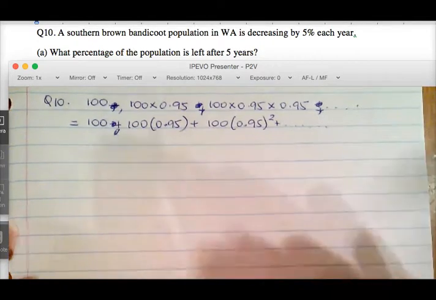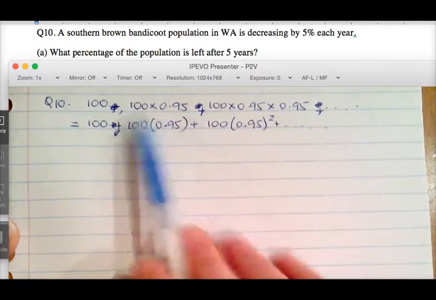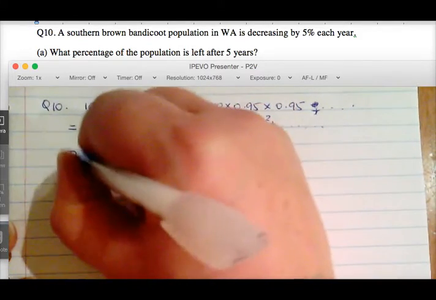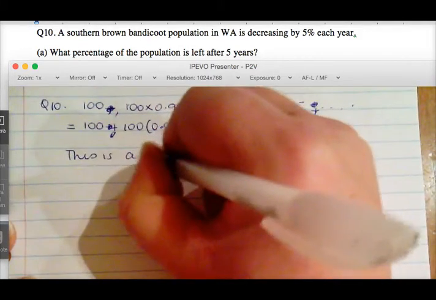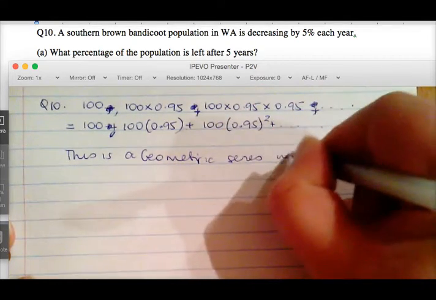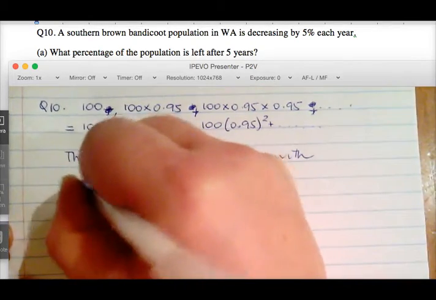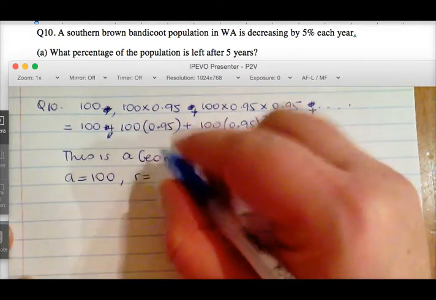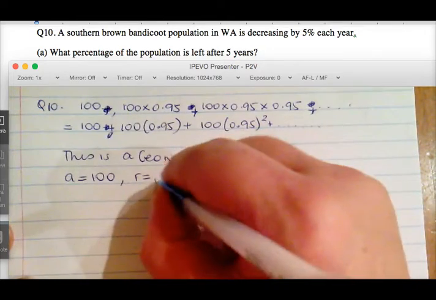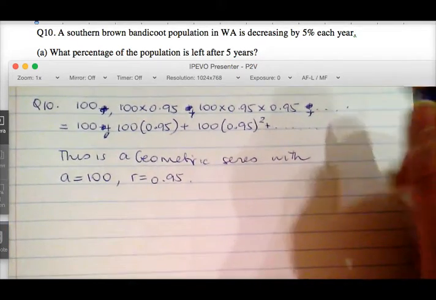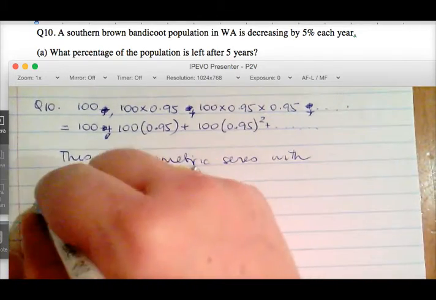Okay, now it says what percentage of the population is left after 5 years. So first of all, is it an arithmetic or a geometric series? It's clearly a geometric series, with A equal to 100 and R, the common ratio, each term is being multiplied by 0.95. Now, it says what percentage is left after 5 years.